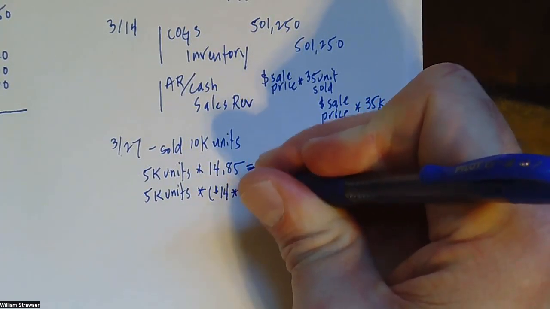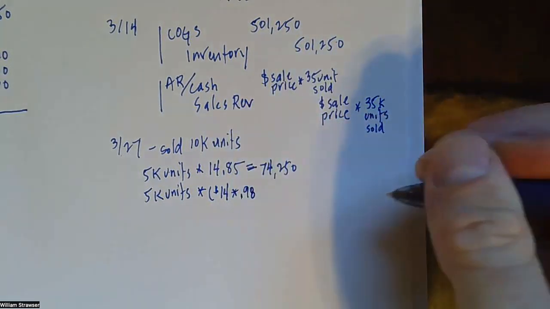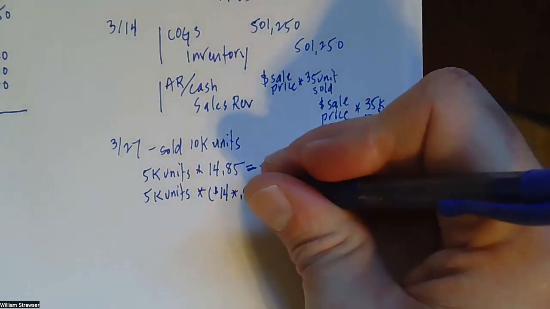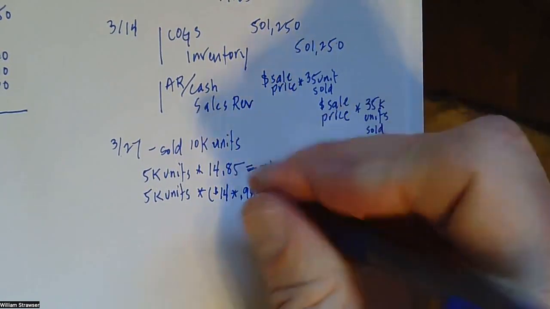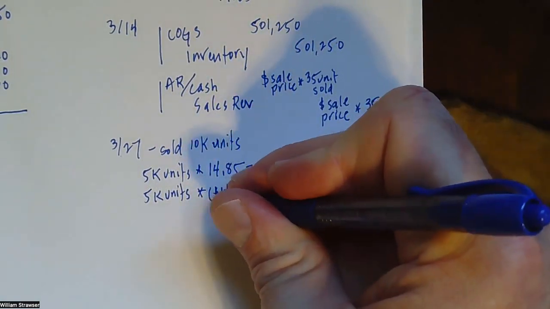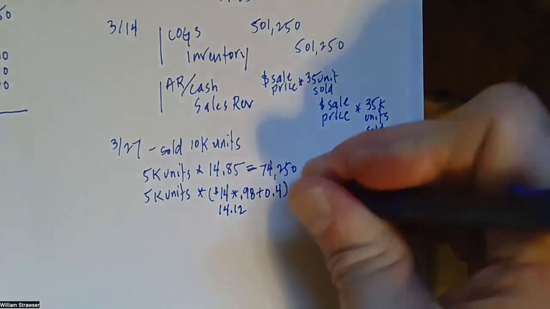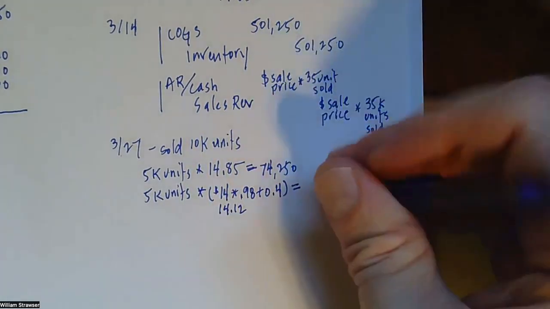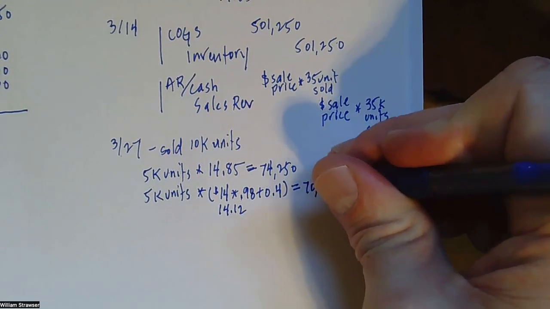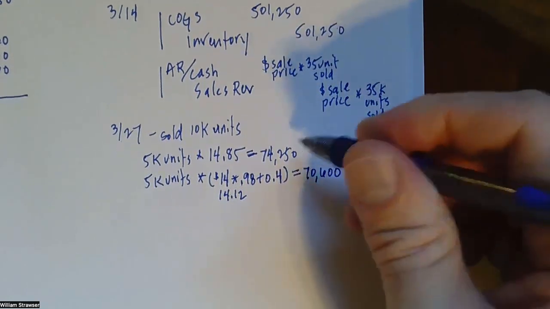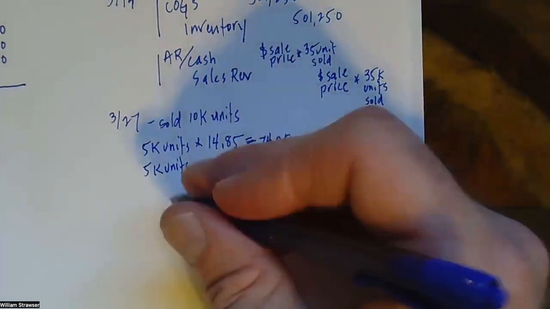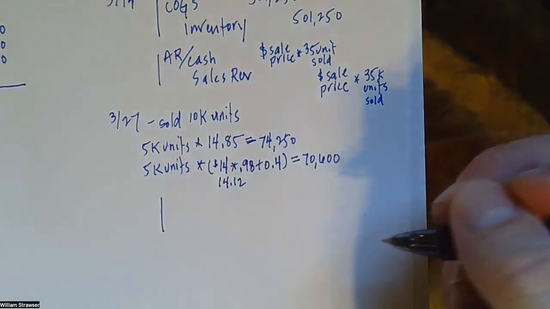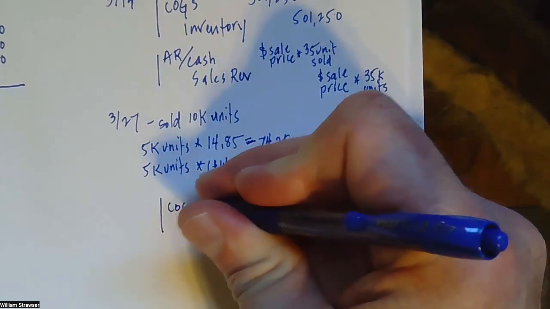They had a 2% discount attached to them, so we'll multiply by 0.98 to get that net of discount amount and add the freight. And that would be then $14.12. That amount comes out to $70,600. And then again, I add these two pieces together in order to determine what the total cost of goods sold for those 10,000 units would be.